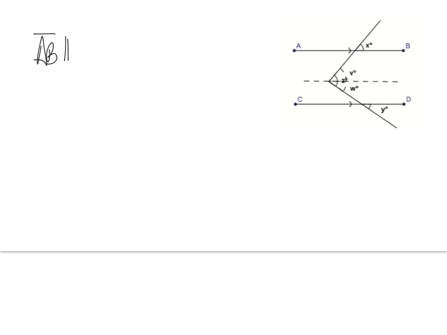Segment AB is parallel to segment CD, and that is given. And now we can say that x is equal to v. Let's make that a little neater, sorry.